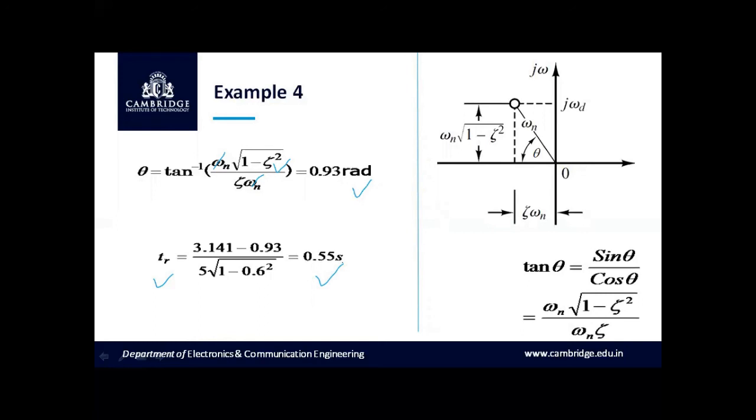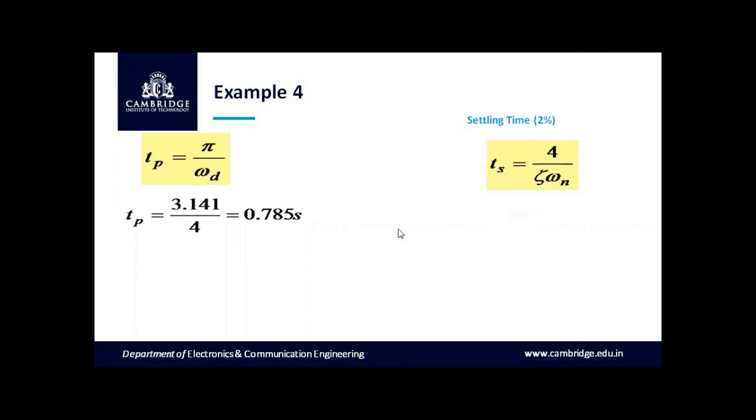Once after finding the rise time, let us find the peak time Tp, which is given by pi by omega d. So pi is again 3.141 divided by omega d, which we have calculated as 4. So Tp will be equal to 0.785 seconds. And for settling time Ts for 2% error, Ts is given by 4 by zeta omega n.